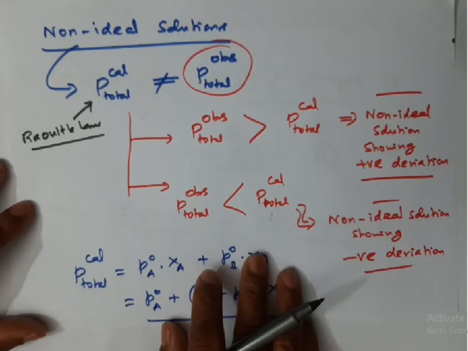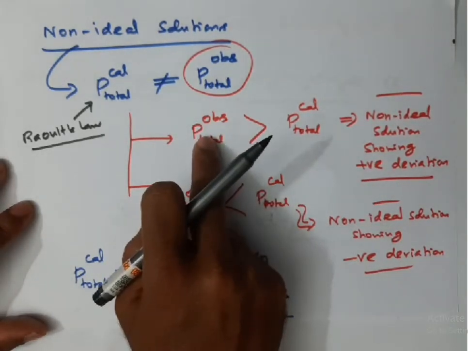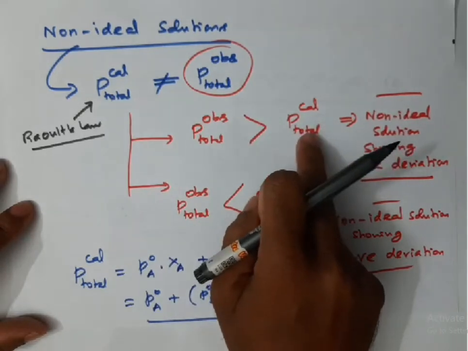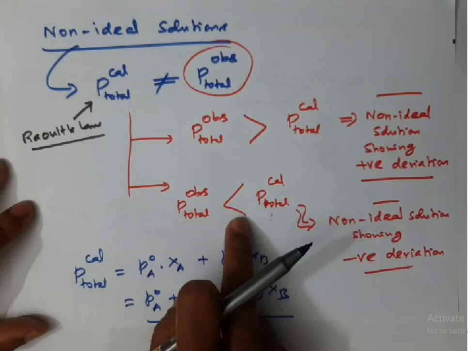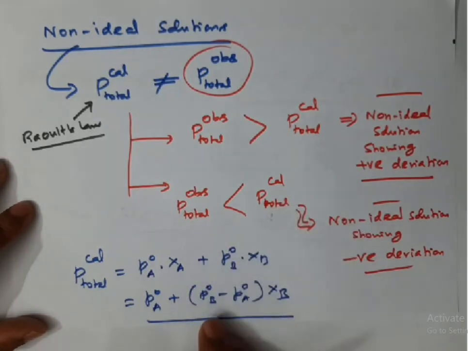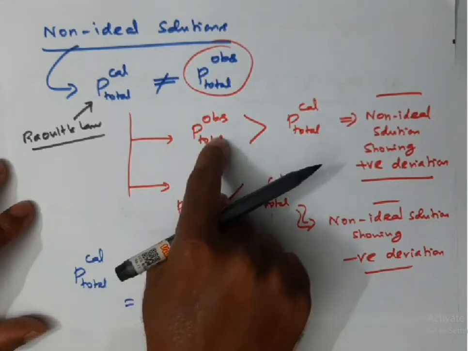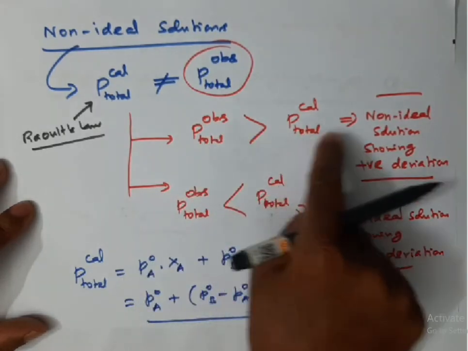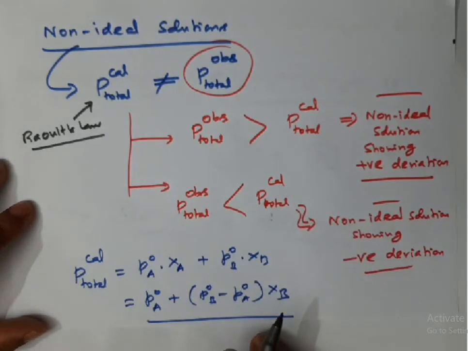Two possibilities. What are they? The experimental pressure may be greater than the calculated pressure, or the experimental pressure may be less than the calculated pressure. If the observed or experimental pressure is greater than the calculated pressure, we call those solutions non-ideal solutions showing positive deviation.